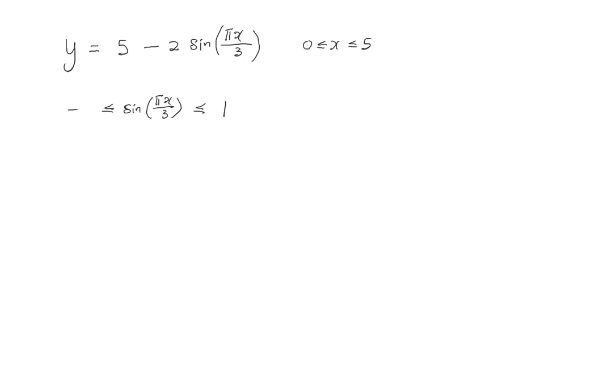So now you have this. Minus 2. Since I times with a negative number, I change the sign, correct?